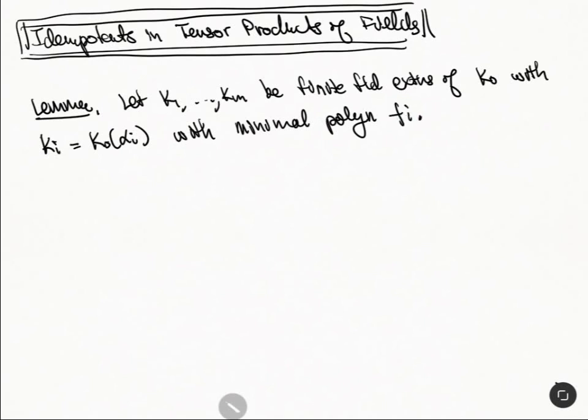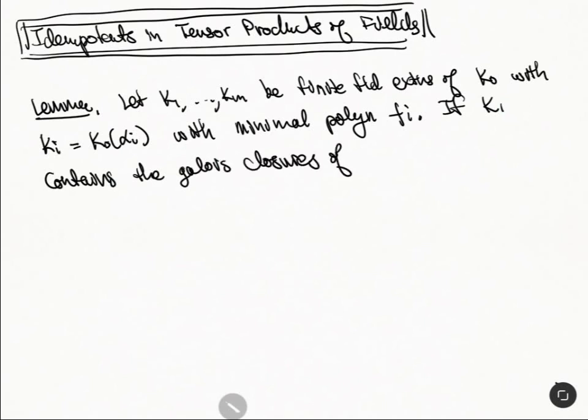Okay, and then if K1 contains the Galois closures of K2 through Km, so that all the polynomials split over it, then we have the following.